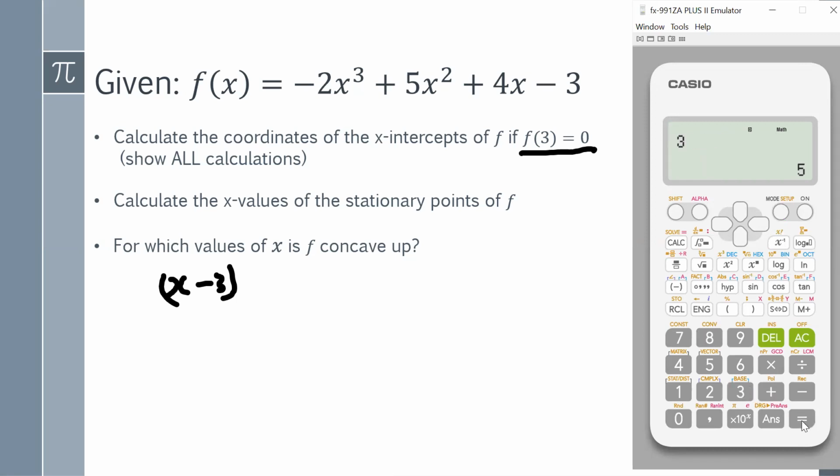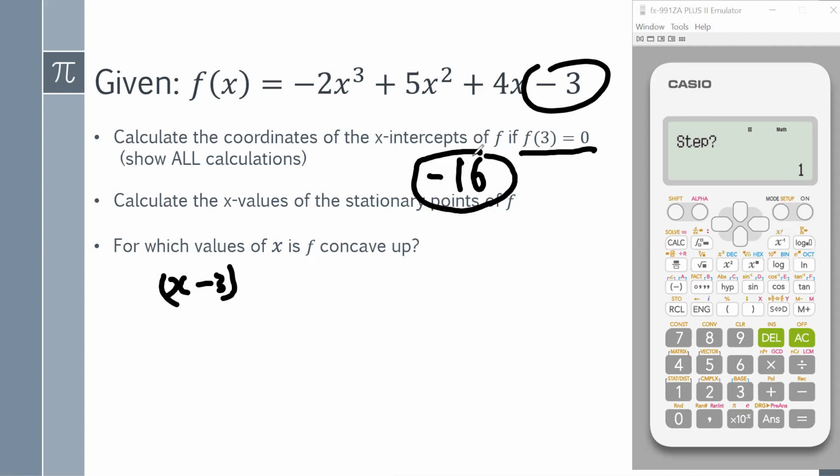Let me just point out that if your constant term was a number bigger than 3, let's say it was minus 16, don't do minus 16 to 16, because then you're gonna cause a whole lot of work for a calculator. It may not have the memory to compute that. So just take it in bits and pieces. I'd suggest go from -4 to 4.